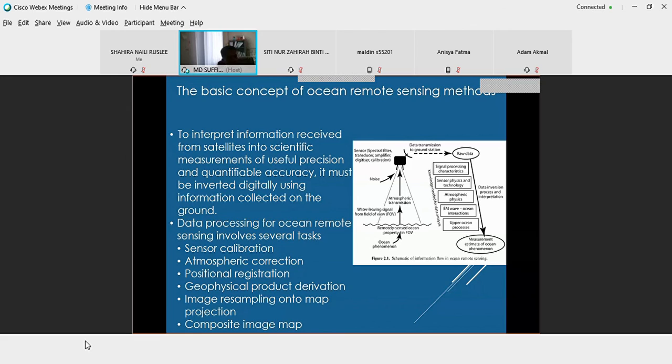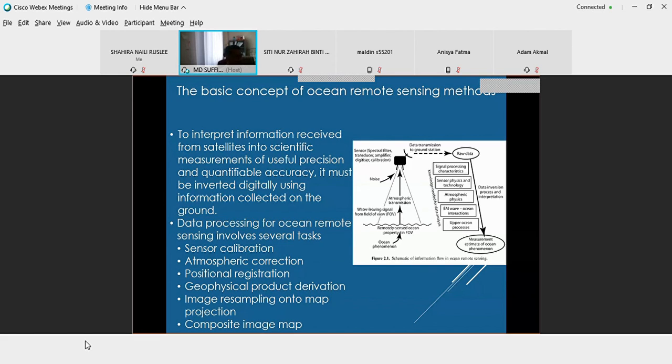So dia punya spectral respon of the sensor must be similar to the spectral response of the radiation on the ground. Ataupun, kalau you nak measure 400 hingga katakan 420, dia mesti terima data ataupun light on that wavelength sahaja. Okay, itu yang kita panggil sebagai pre-launch calibration. Yang itu yang biasanya memakan masa yang panjang lah.